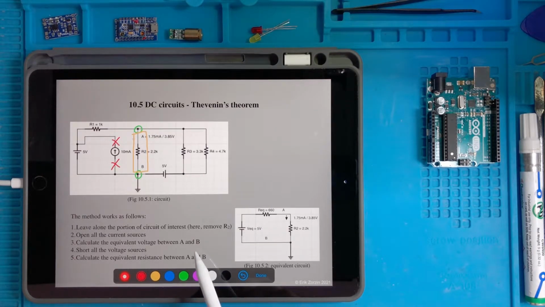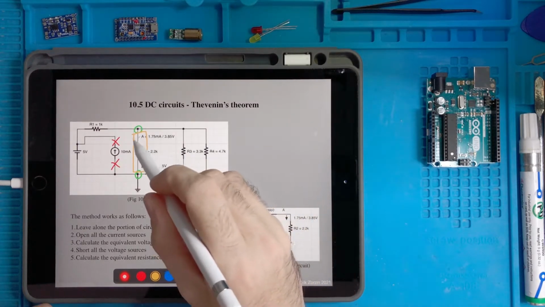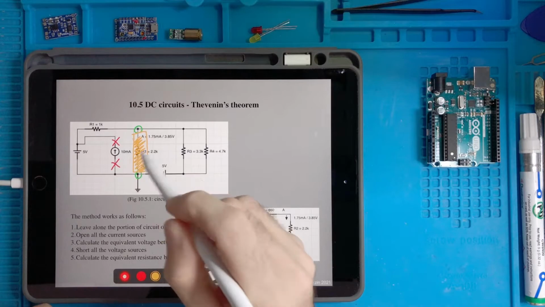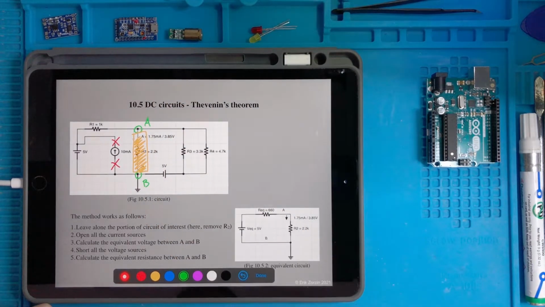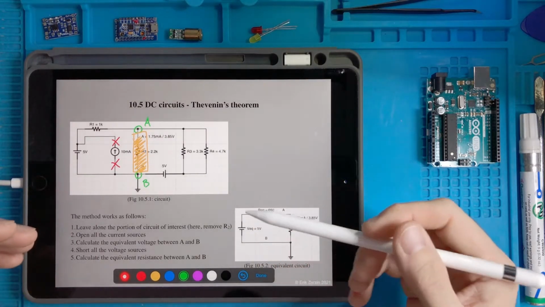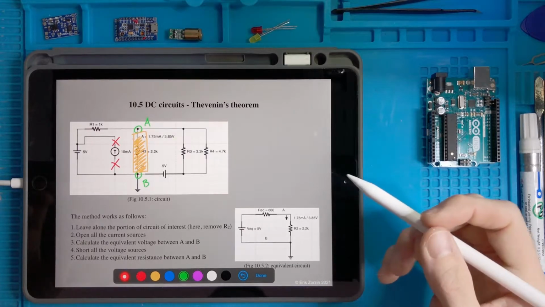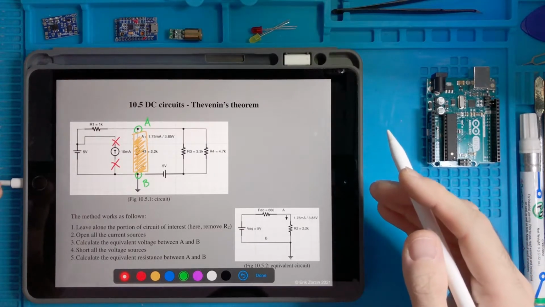Equivalent voltage means that if we leave alone the portion of interest, so if we remove this, A and B, and if we open the current generators, by using node analysis as we did last time, we can solve the rest of the circuit, and once we solve the circuit we know all the currents and all the voltages.